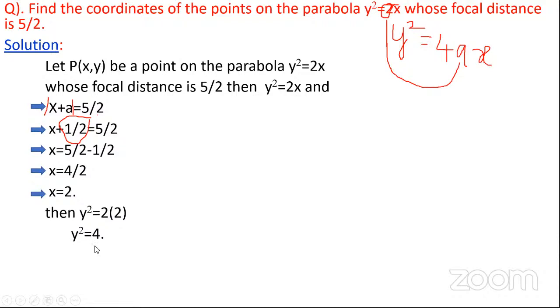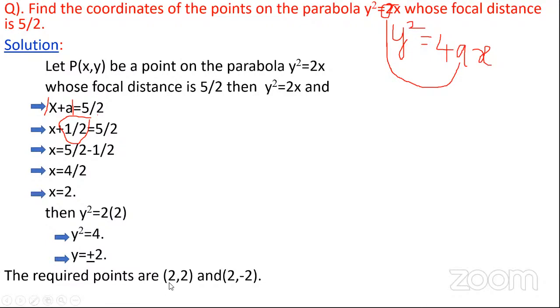So y square equal to 4. So y is equal to plus or minus 2. So x equal to 2 and y equal to 2, and x is equal to 2 and y equal to minus 2 give us two coordinates on the parabola whose focal distance will be 5 by 2.